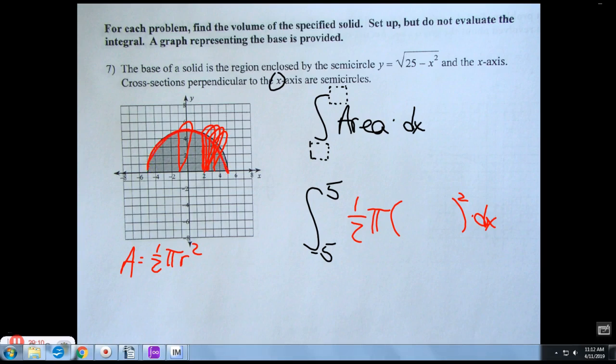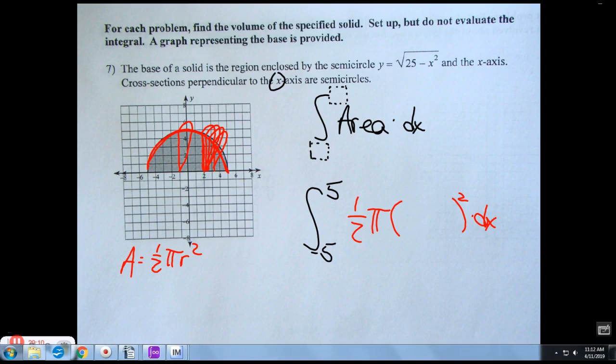I'm sorry, I'm mixing up the diameter and radius here. These distances, from the top equation to the bottom equation, are they diameters or radii? They're diameters. But I need to make them into a radius to put them in my equation, right? So what I have to do with these distances is divide them by 2.